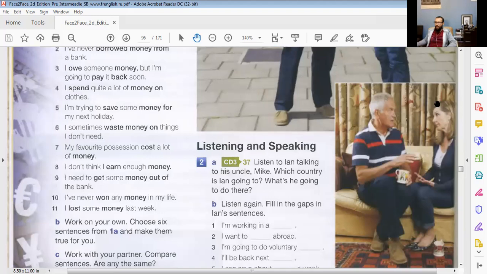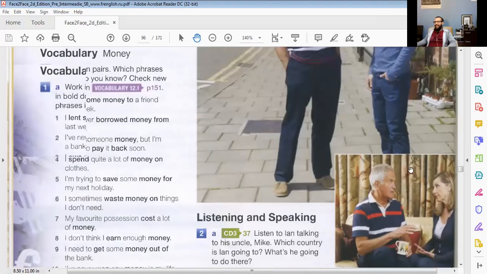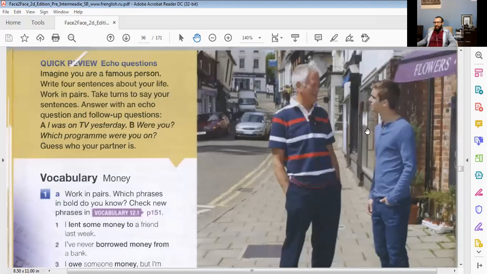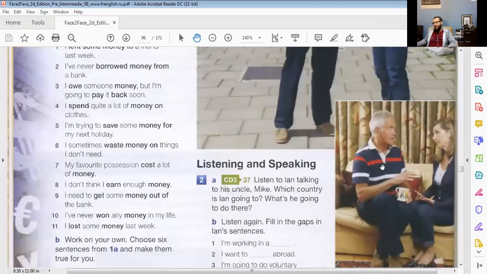But how do you think his wife received the news? Surprised and not agree. Yes, she doesn't like what she's hearing, I think. Yes. So we're gonna find out about what Ian told his uncle, and then how his uncle Mike reported the story back to his wife.